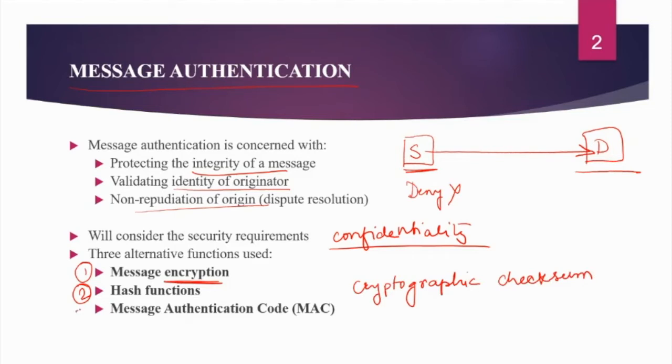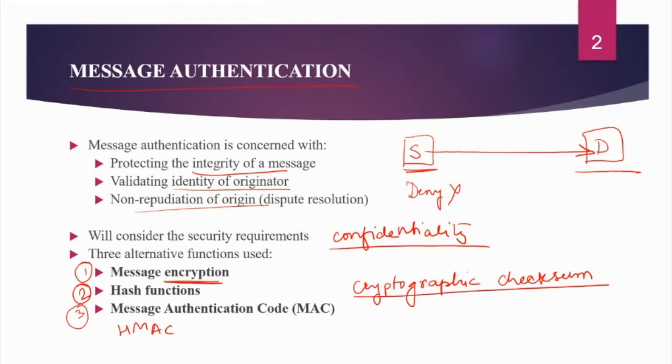But whenever we talk about hash functions and message authentication codes or hash based message authentication codes, we get a particular code, something extra, and we attach this code with the message to achieve message authentication. Therefore, these are known as checksums. We consider this code as a checksum.